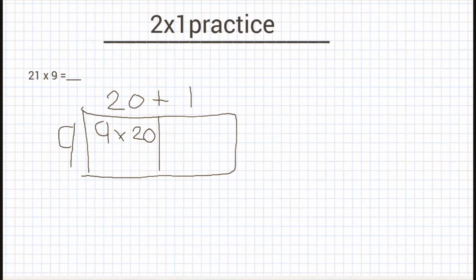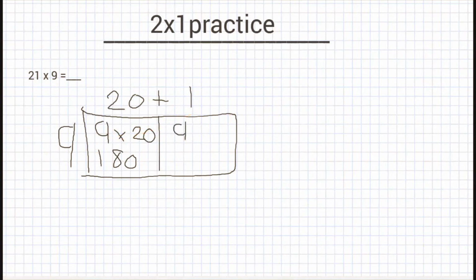And I don't know if you guys knew this, but an easy way to multiply numbers that end in a 0 like this is just forget about the 0 and multiply these numbers. So 9 times 2 is 18, and then you're just going to add the 0, which is 180.